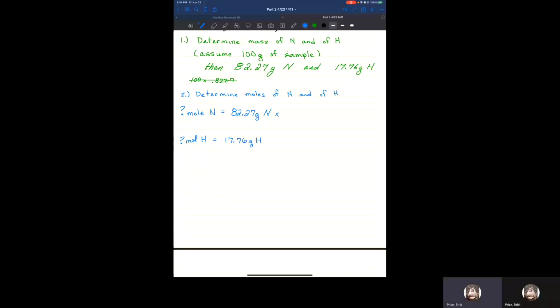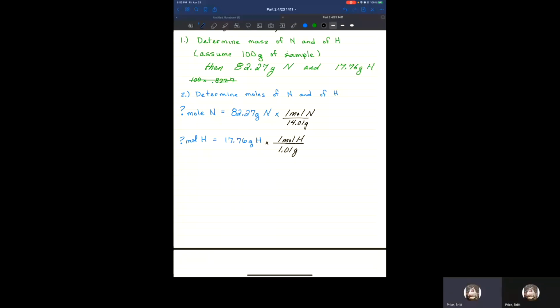According to my handy dandy periodic table, I have 1 mole of nitrogen for every 14.01 grams. And for every 1 mole of hydrogen, that's 1.01 grams.